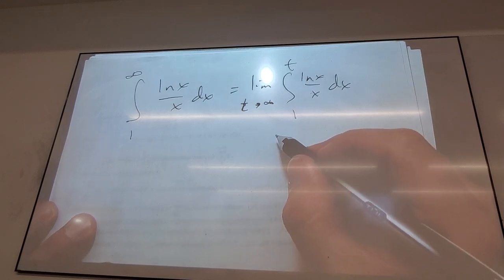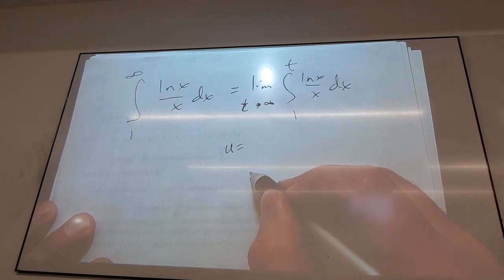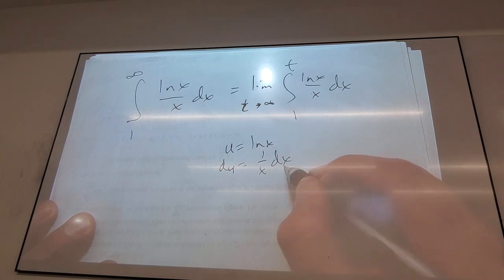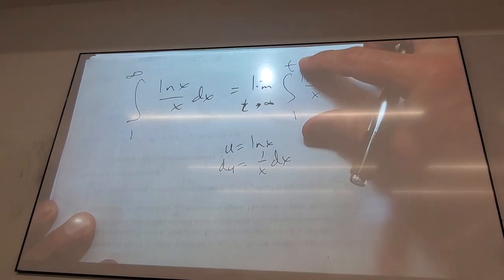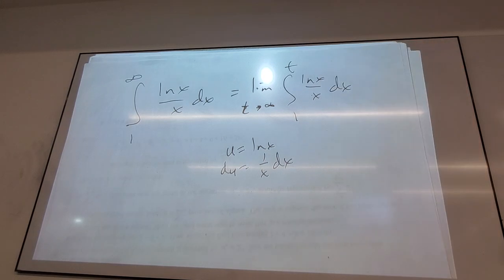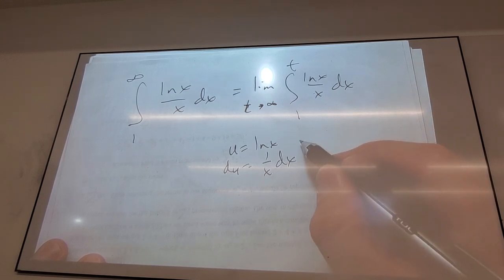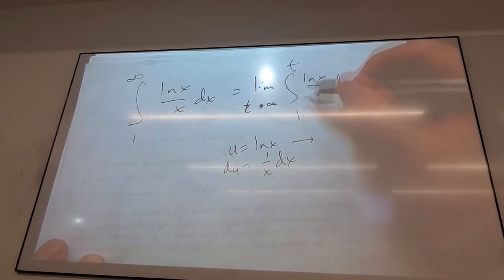So, how does this work? u is ln x, du is 1 over x dx. Cool. Now let's change the limits. If I change the limits, this is describing what x does, yes?